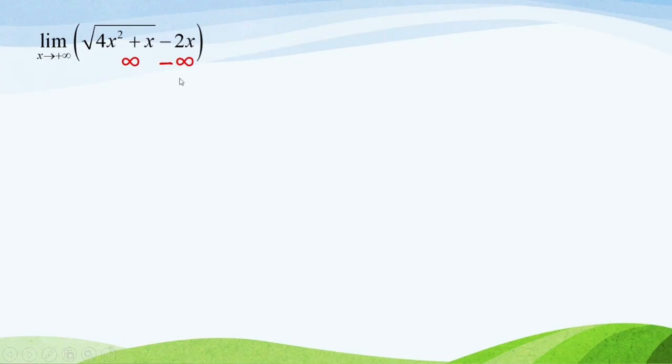Infinity minus infinity, we don't know the answer, so we must multiply this expression by the conjugate. The conjugate for the square root of 4x squared plus x minus 2x is the square root of 4x squared plus x plus 2x.